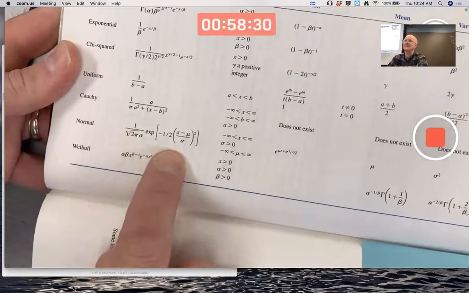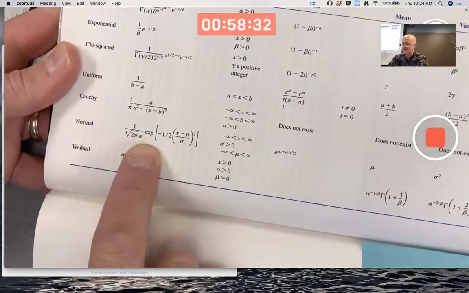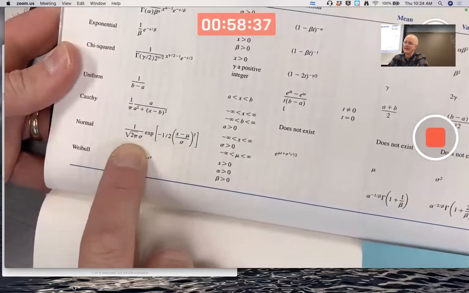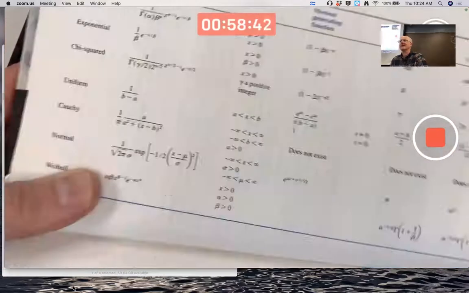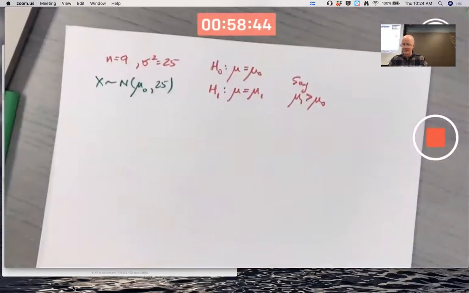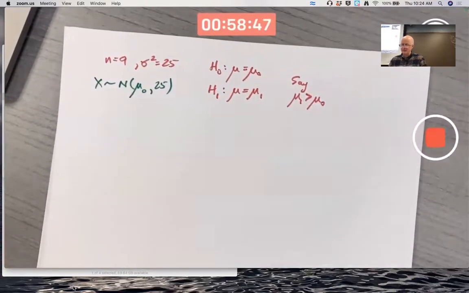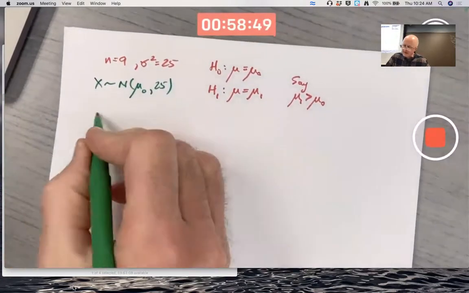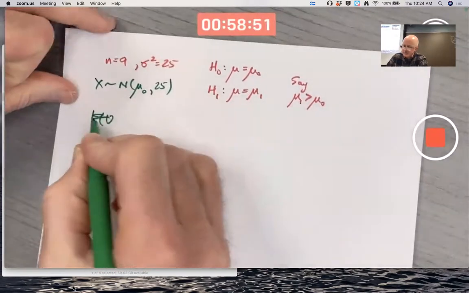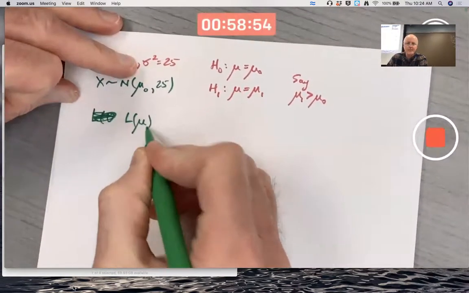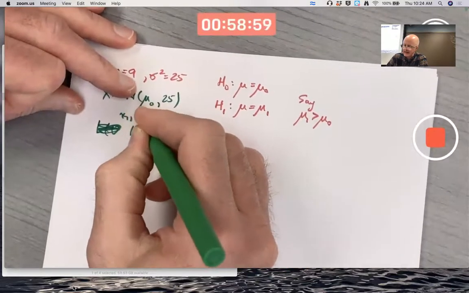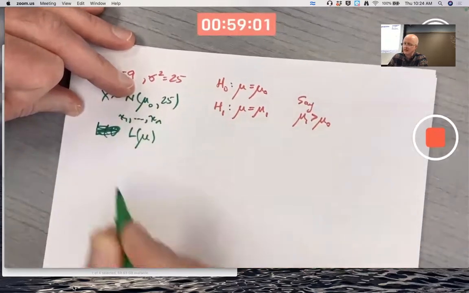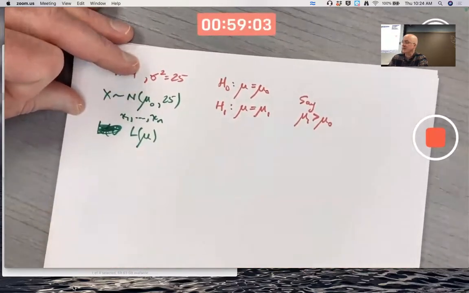PDF of normal. Instead of writing exp, let's write e. Exp of something is just a nice typographical way of writing e to that something. Oh, can I do it from memory? Yeah, okay. L of a general mu. We're thinking of, say, little x1 through little xn as being a fixed observed value of the random variable, an observed random sample.